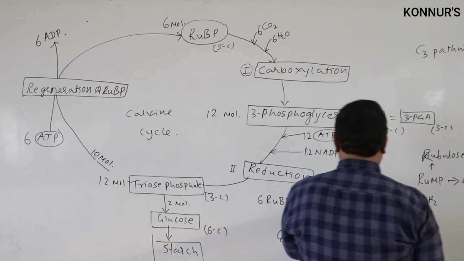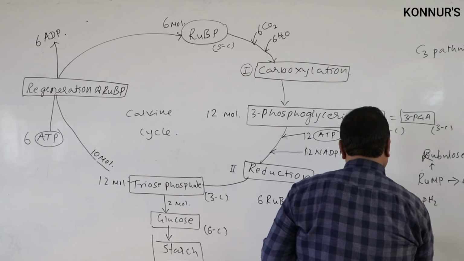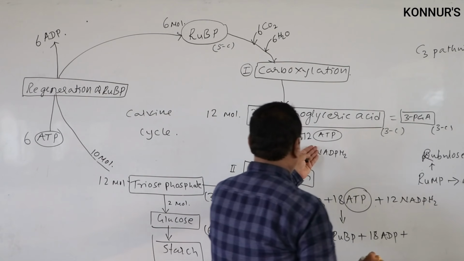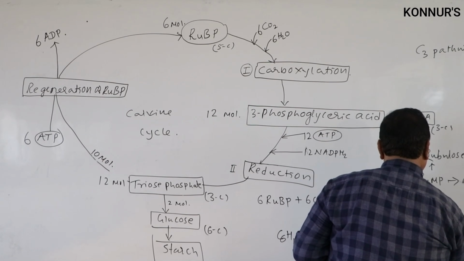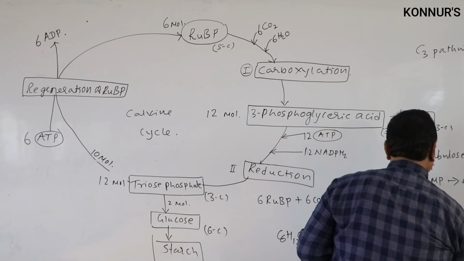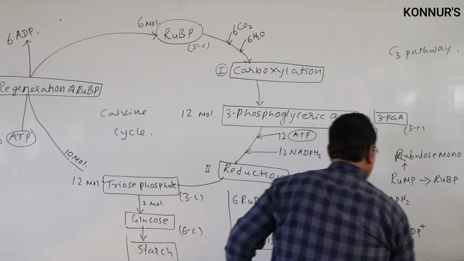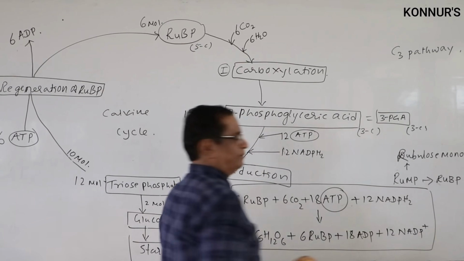Then from 18 ATP, 18 ADP are formed. 12 NADPH2, as they give hydrogen, 12 NADP plus. This is the equation for dark reaction.